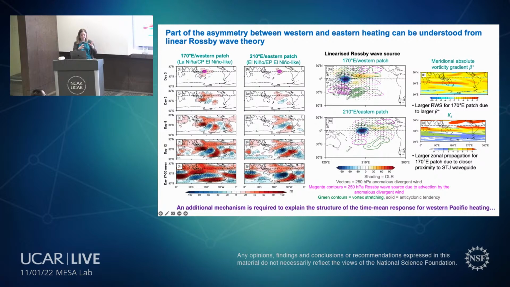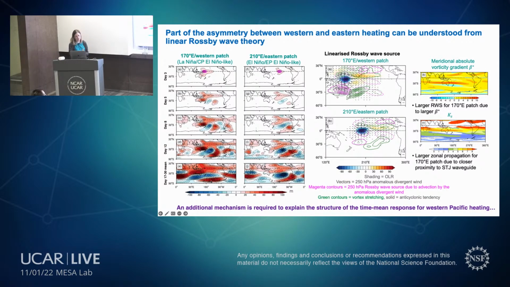So while we can understand these behaviours from what Rossby wave theory tells us, it appears that in this eastern heating patch, it evolves in a manner that we would expect from Hoskins and Karoly wave theory, where we get this eastward and poleward propagating wave train.